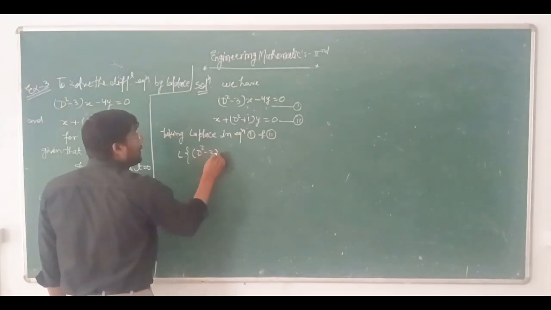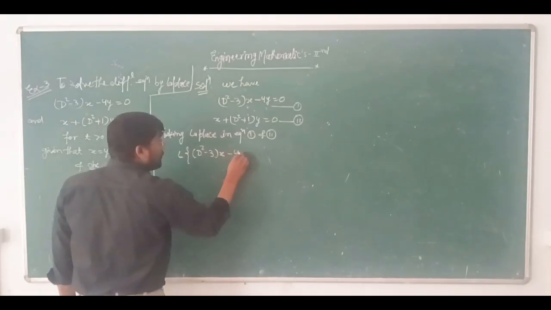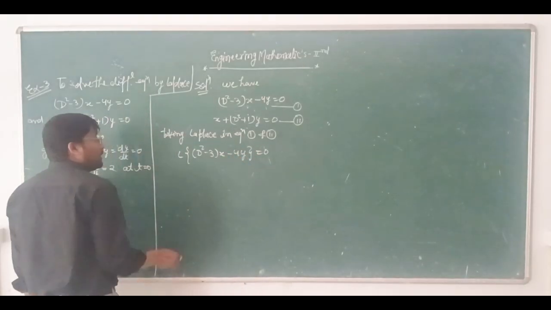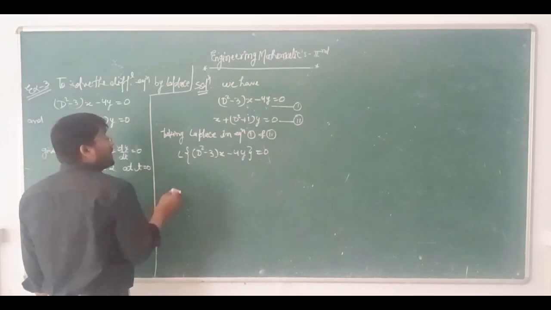Now taking Laplace of this means Laplace of (D square minus 3)x minus 4y is equal to 0. Now you can solve this.